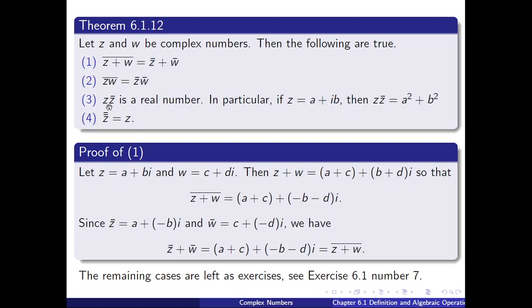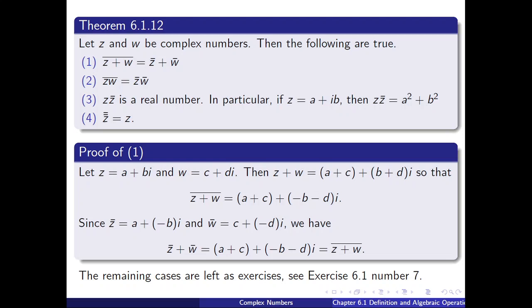And also z times its conjugate is a real number, and in fact the real number is a squared plus b squared. And then the fourth property is that the conjugate of the conjugate of a complex number z is the complex number z. So we are going to do the proof of the first one, and then the rest are left as exercises, and that is exercise 6.1, number 7 in the textbook.